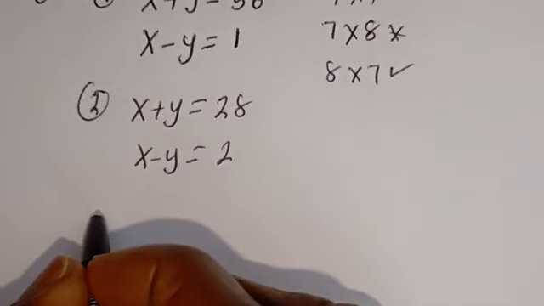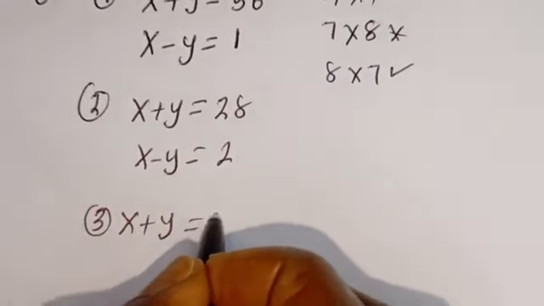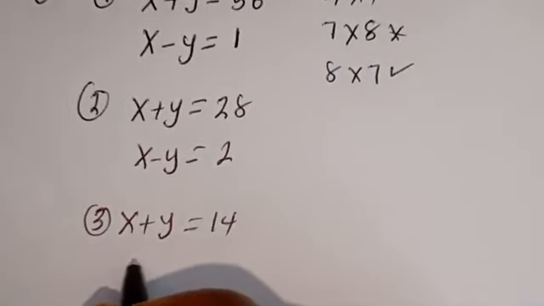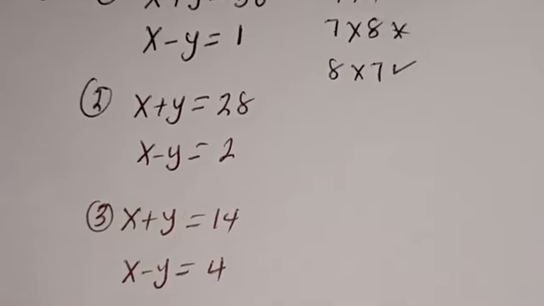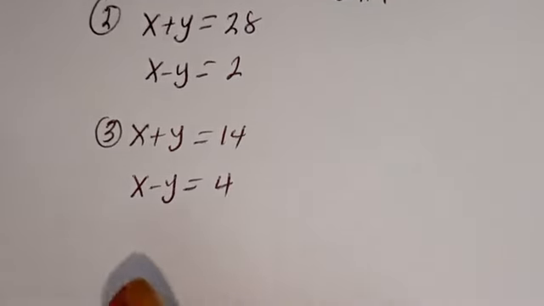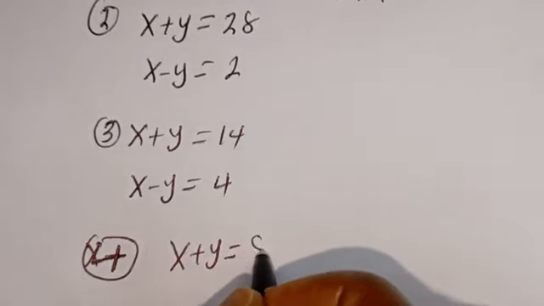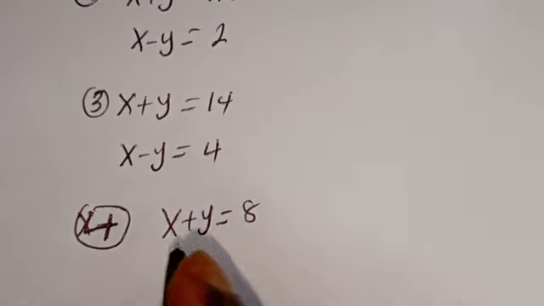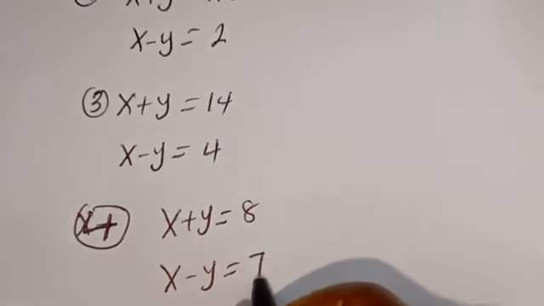The third equation is x plus y is equal to 14, then x minus y is equal to 4. And the fourth equation is x plus y is equal to 8, then x minus y is equal to 7.